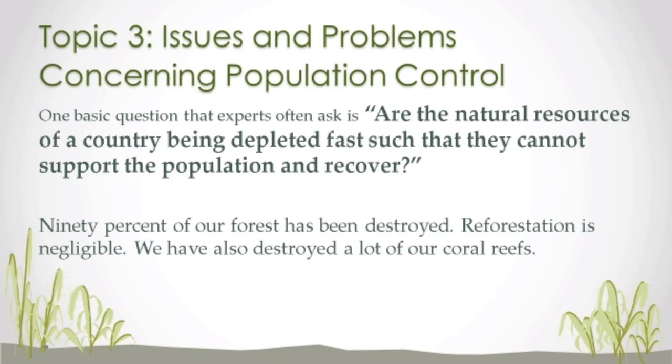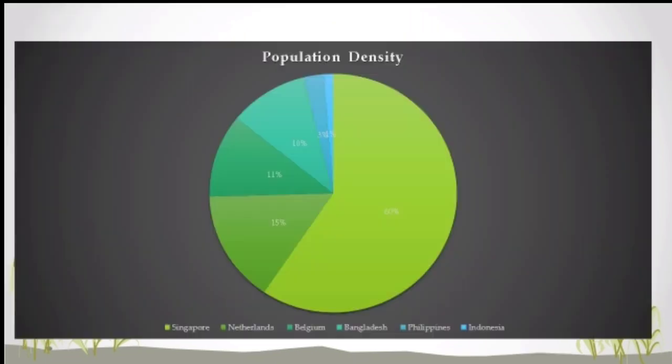Let us provide some statistics about population density. There are 4,246 people per square kilometer in Singapore, and 1,125 people per square kilometer in the Netherlands, and 837.2 people per square kilometer in Belgium, but only 770 people per square kilometer in Bangladesh.